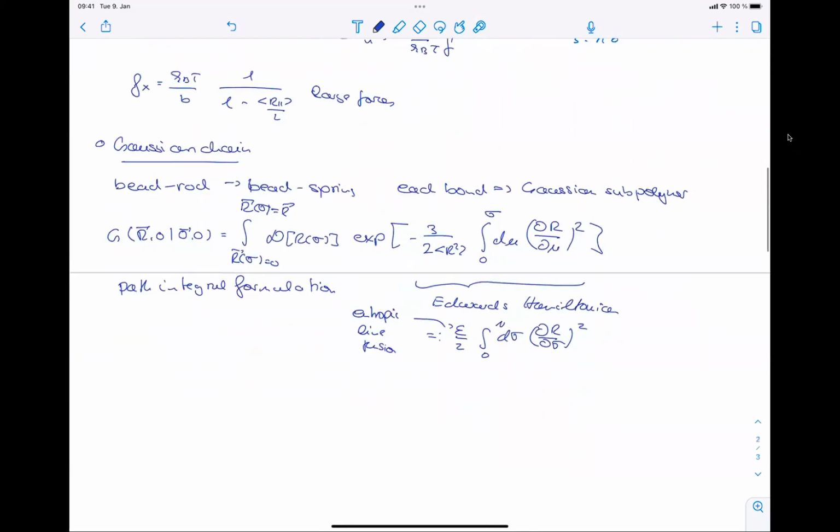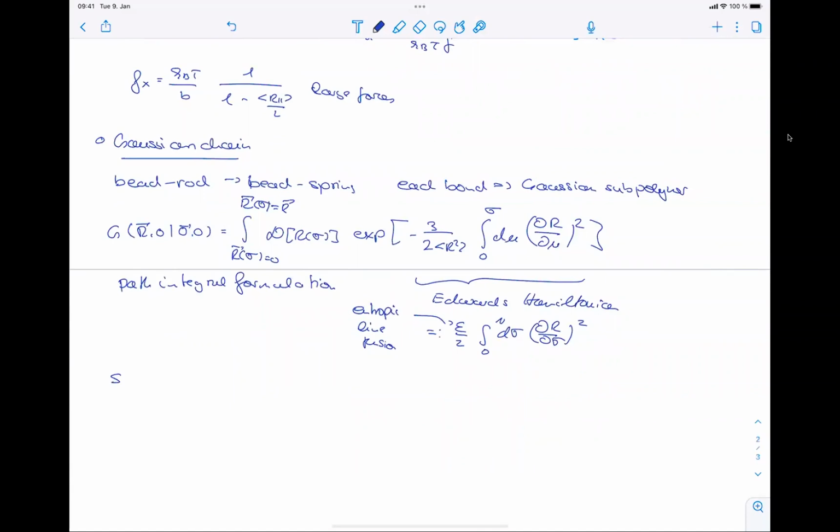And then at the very end, we started with the scattering function to derive an observable that we can compare to experimental data.